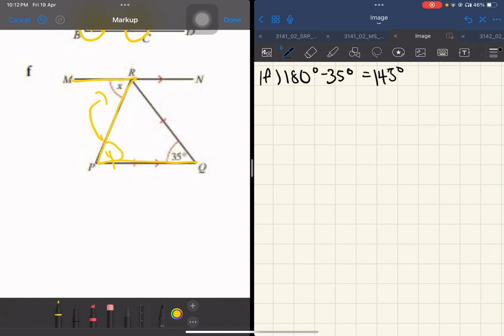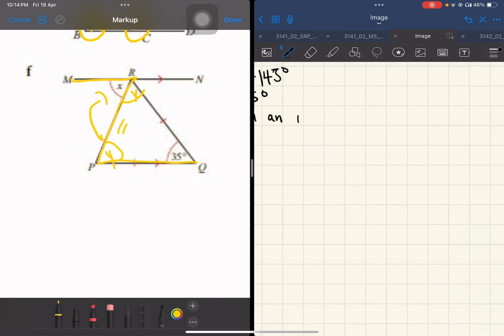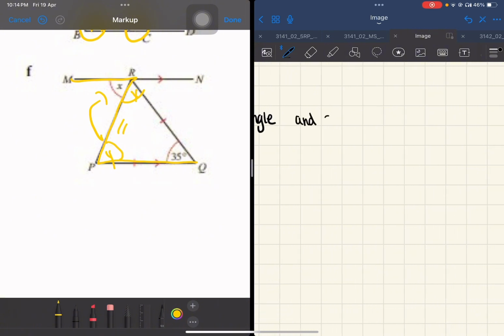Because it's an isosceles triangle, this angle here and this angle here will be equivalent to each other. So you divide 145 degrees by 2 and get 72.5 degrees. Reason being, it is the angle sum in an isosceles triangle. And you can also write alternate angle.